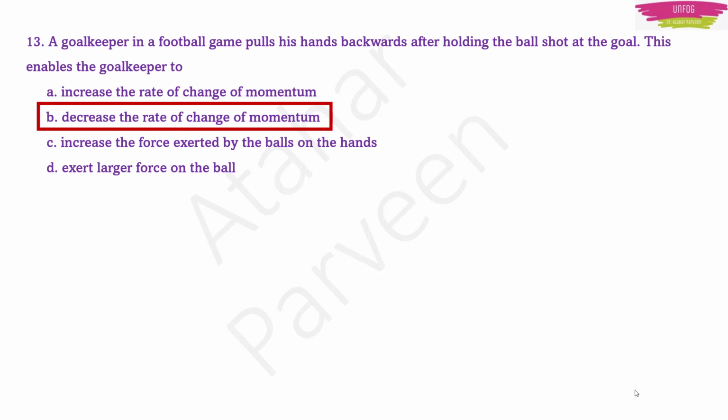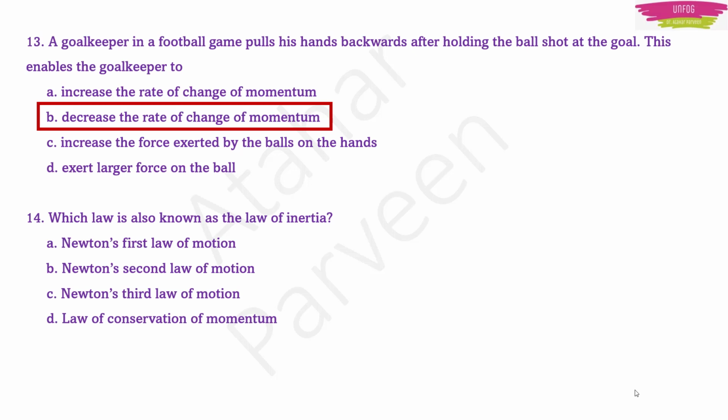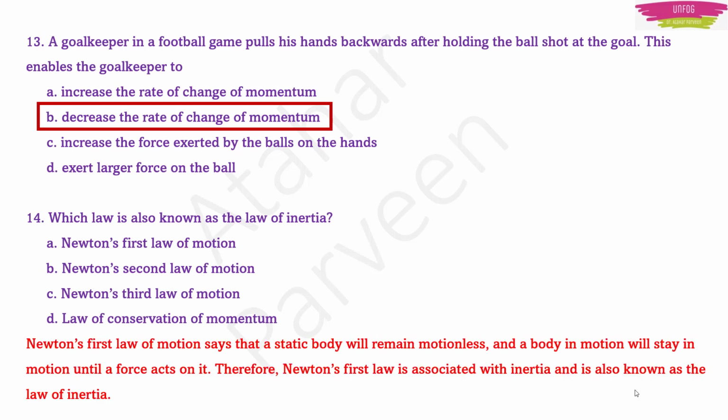Next question. Which law is known as the law of inertia? By this time you should be knowing the answer for this. Of course it is the first law of motion, because Newton's first law of motion says that a static body will remain as it is.